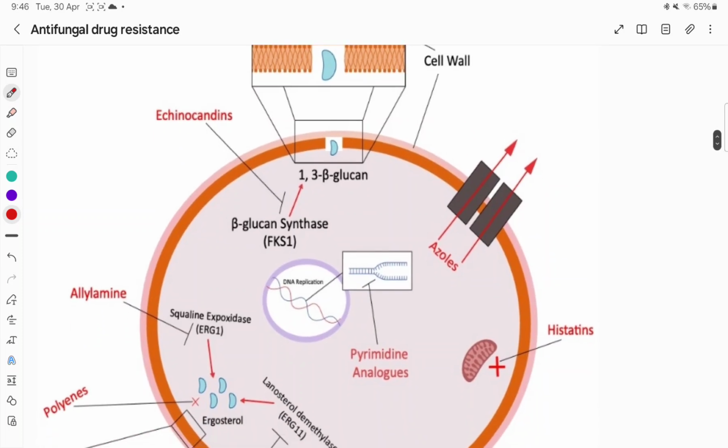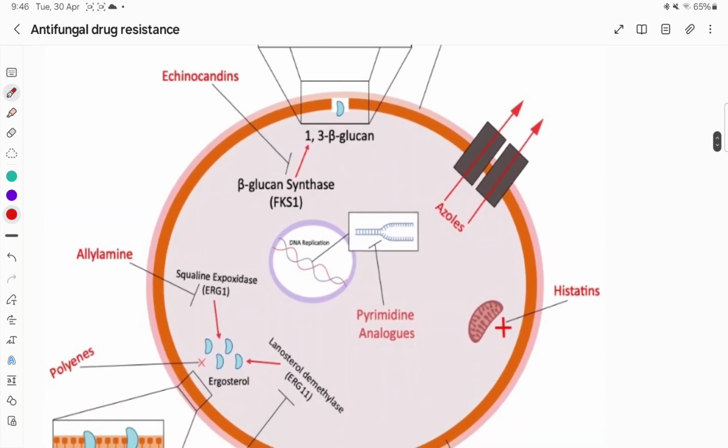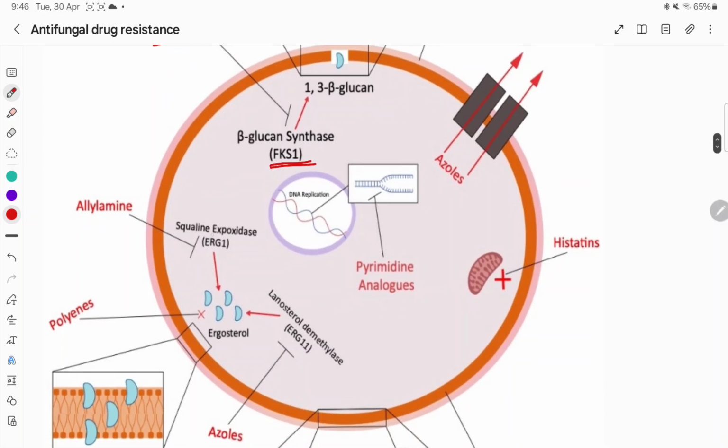We just discussed that echinocandins inhibit beta-1,3 glucan synthase, and that is encoded by the FKS genes, FKS1, FKS2, and the allylamines inhibit squalene epoxidase, that is encoded by ERG1.